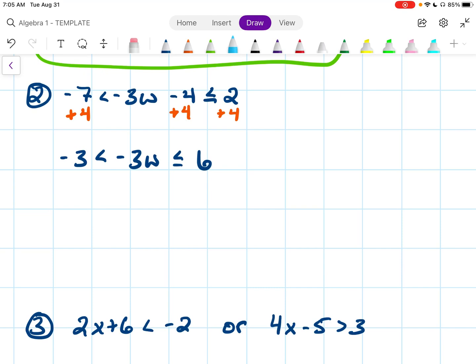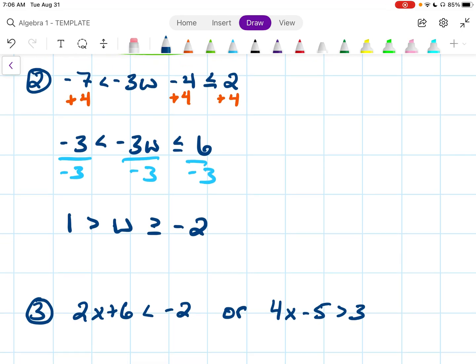Now I'm going to divide by negative 3 everywhere. And whenever you divide by a negative number, we have to remember that we have to flip the inequality symbol, right? In this case, we're going to have to flip both inequality symbols. So on the left here, we're going to have a plain old 1, and then we're going to have is greater than, w is greater than or equal to -2.